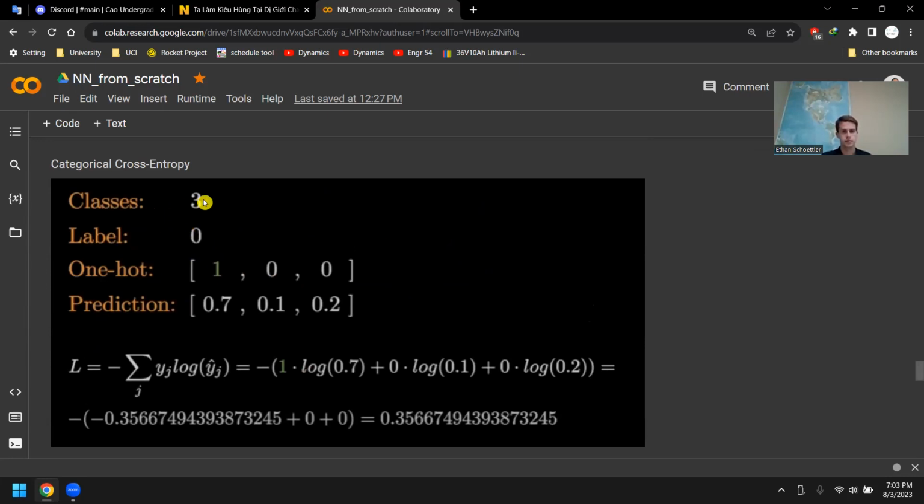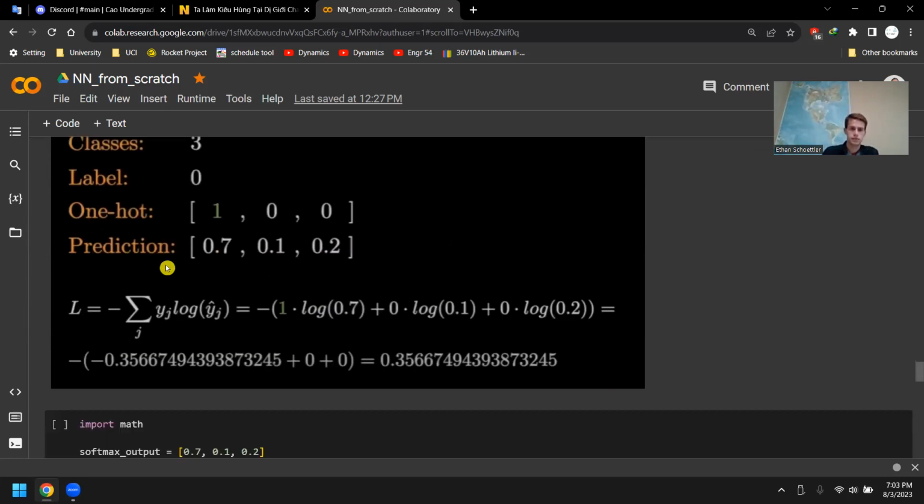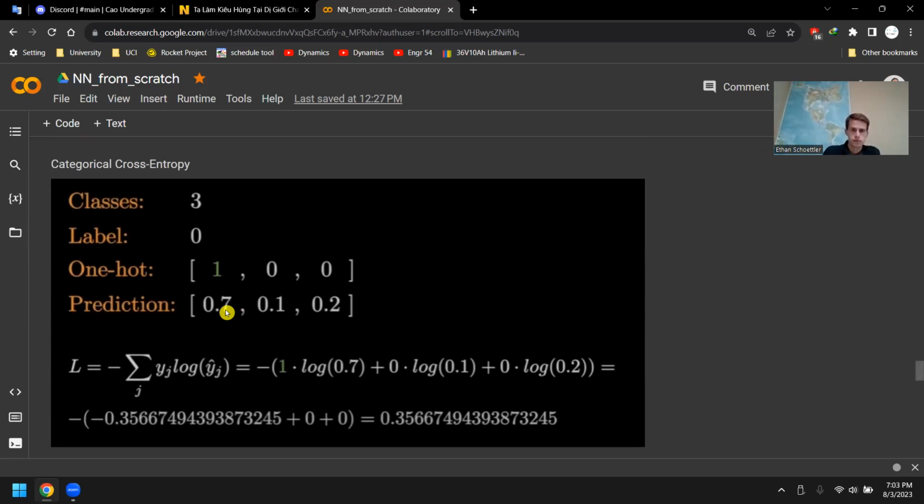In this case, class is three, so the length of the one-hot vector is three, and the label is zero, which is index zero. The value there is going to be one, and the rest is going to be zero. This is the prediction that we got from the neural network, and this one-hot vector is the real data that we're going to use to train the model.